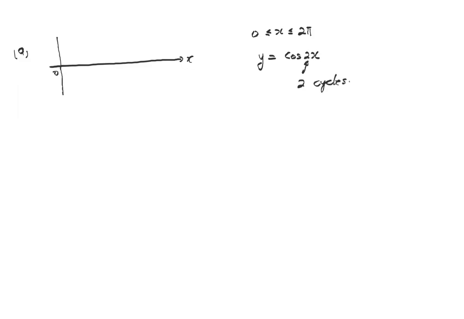So we put 4 quadrants. This is my 2 pi, and within 2 pi, I make another mark. This is my pi by 2, and this is my pi by 4. This is my pi. And the rest go on as usual. Highest value of cos is 1.